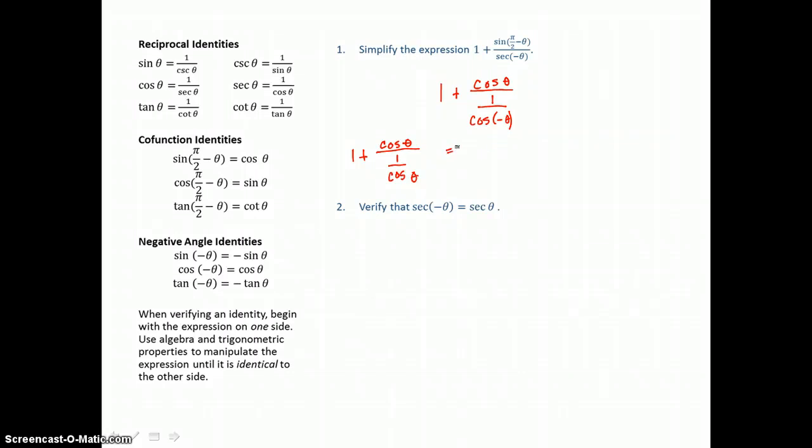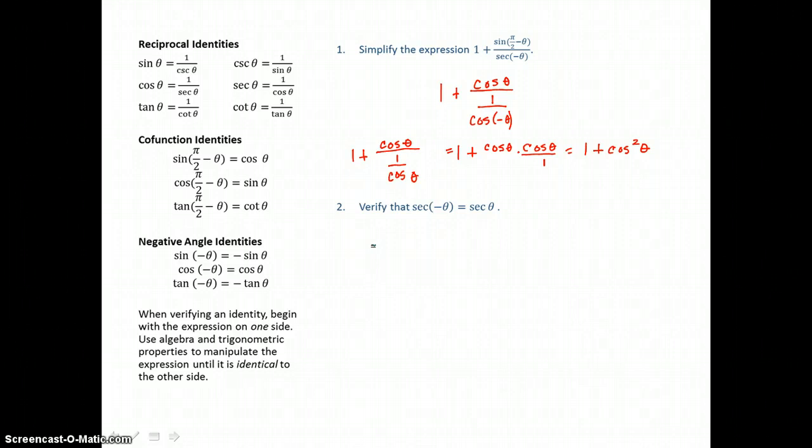And now we don't divide by a fraction, we multiply by its reciprocal instead. So inverting that denominator and multiplying it to the numerator, I'm going to end up with 1 plus the cosine squared theta. And we've simplified it to one function.